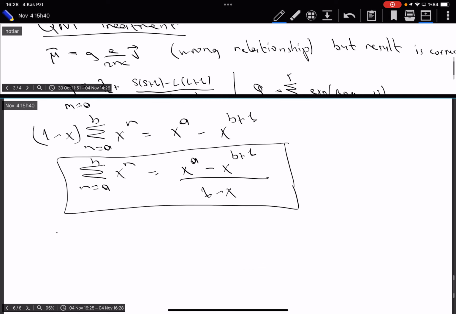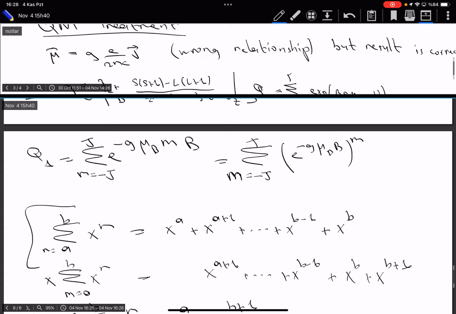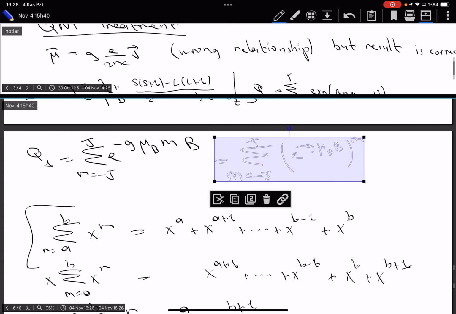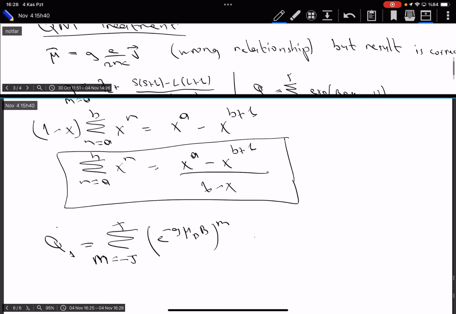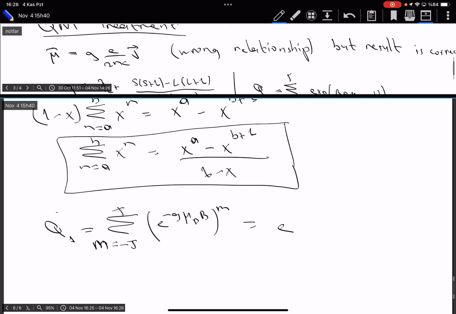Well, so back to our partition function, Q1. X to the power A is just the first term. So it's e to the power J, G mu B times B times J. Minus x to the power, well, B is just J minus G mu B times B times J plus 1.